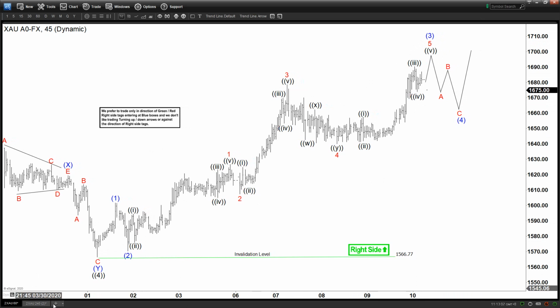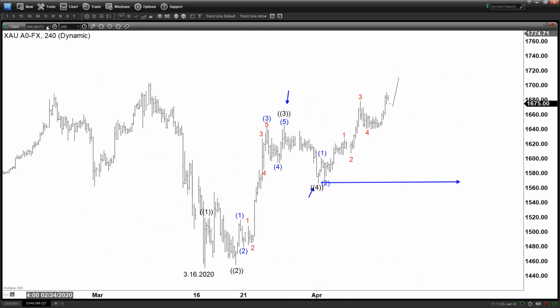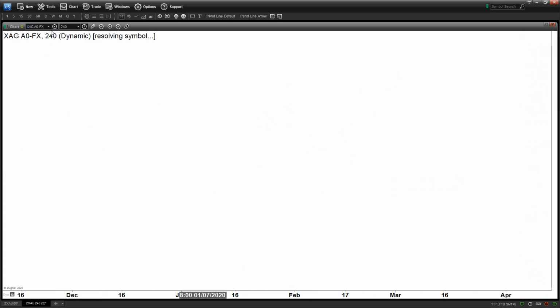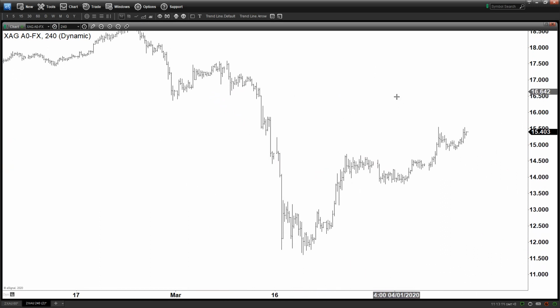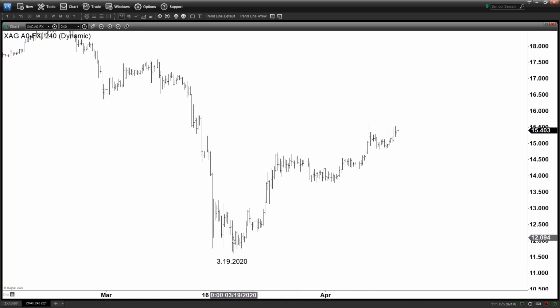Now if we take a look here, let's go to silver. You notice in the silver case, you got the same low around March, and then you can see the cycle looks to be in some sort of, the simplest way is to call it an ABC.